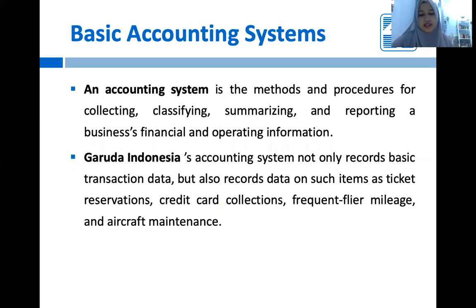Okay, what is an accounting system? As the term system is always about the methods, the procedures, about how something is conducted, managed and run so that certain objectives can be achieved. The same idea applies to the accounting system.